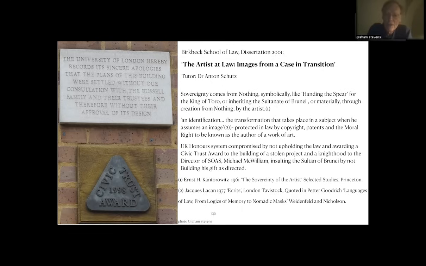So it compromises the UK honour system, as public bodies should uphold the law. So to award the Civic Trust Award to a stolen building compromises them, but it also is an insult to the Sultan of Brunei by not building his gift as he directed.